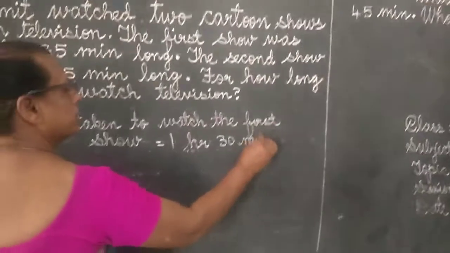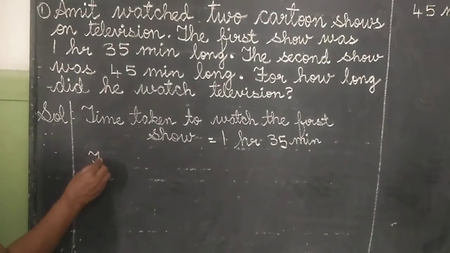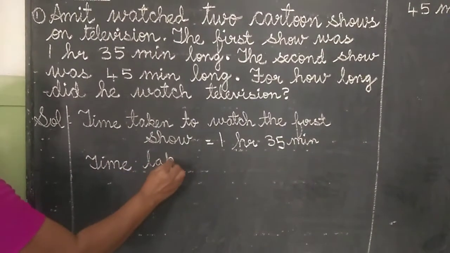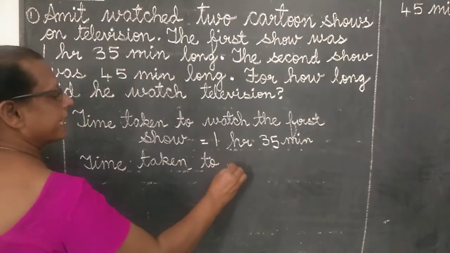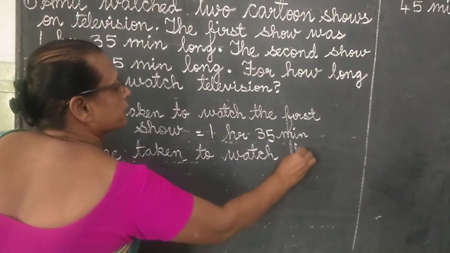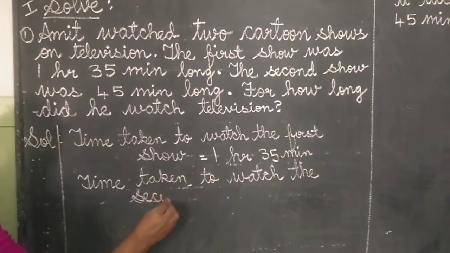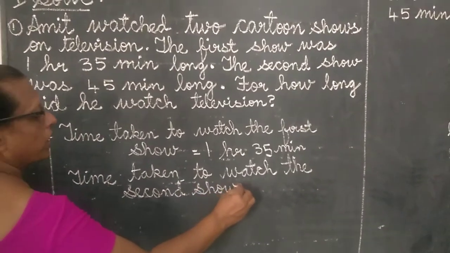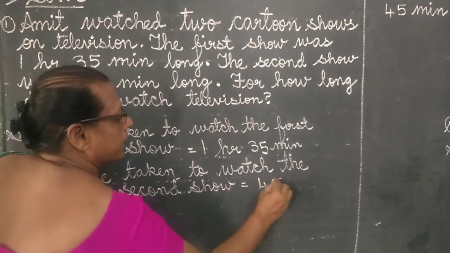Okay. And the second one, time taken to watch the second show. So second show, how long did he watch? 45 minutes. He watched 45 minutes.